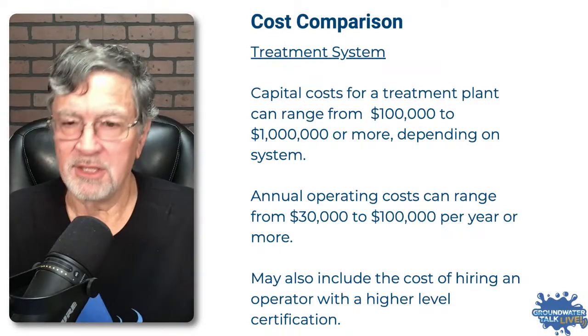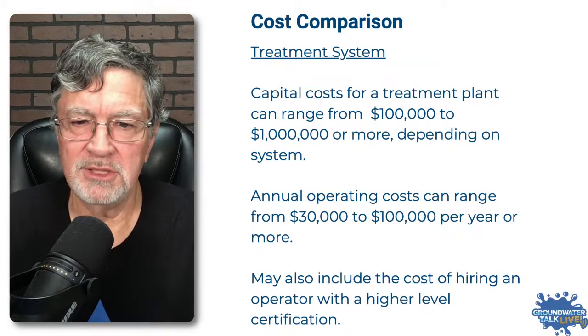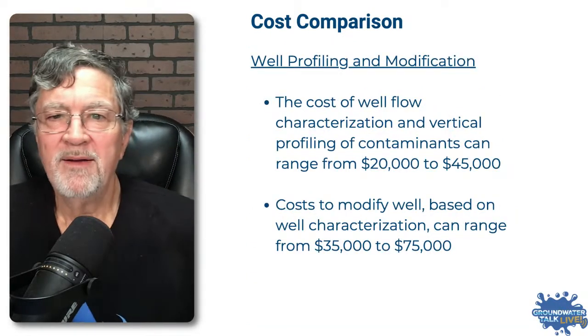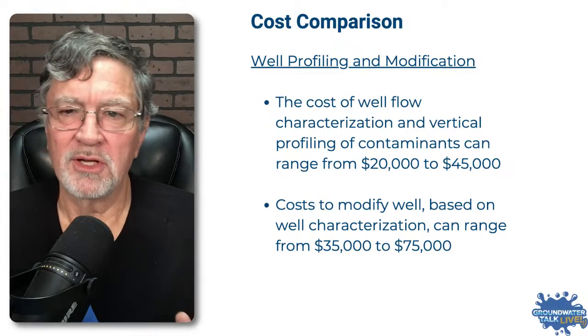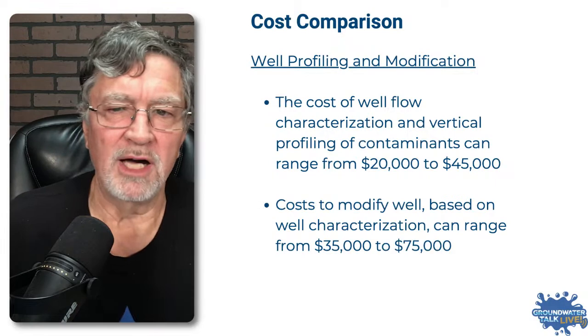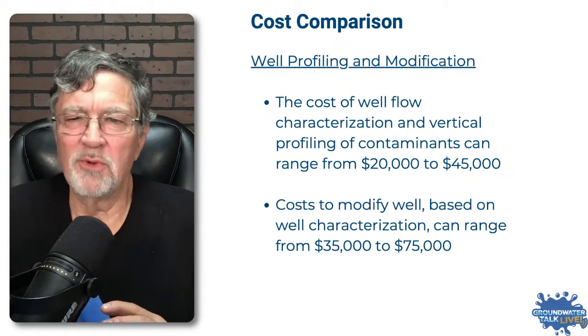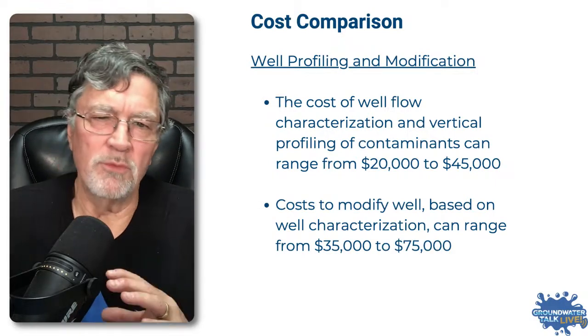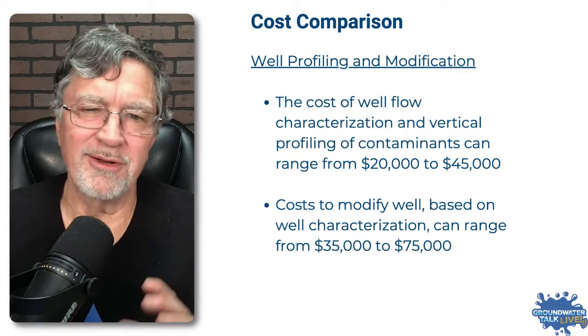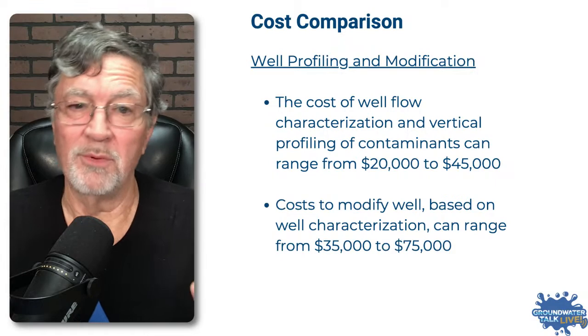All right, so for comparison purposes, well profiling and modification: the cost of a well flow characterization and vertical profiling of contaminants can generally range from $20,000 to $45,000 if you're doing some additional geophysics and characterization. There's a lot of stuff we can do.